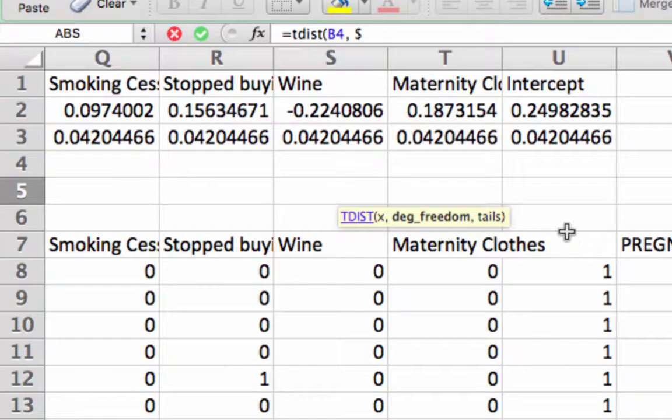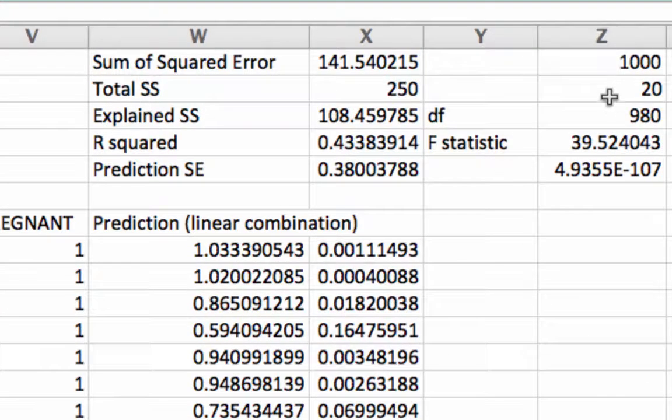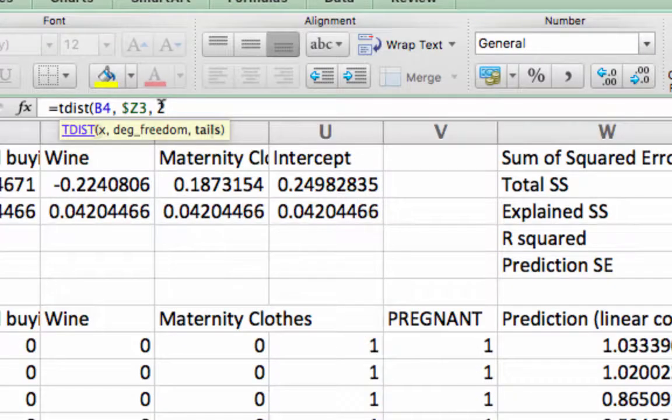So let's go over here to Z3. There we go. Constant Z3. And we're going to put a 2 in here because that's a two-tailed test. And so look, there's our degrees of freedom right there, 980.